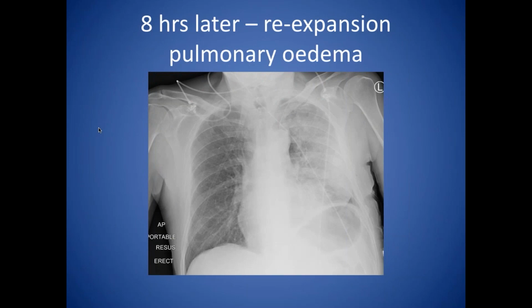Now, the differential diagnosis might be that the drain has caused hemorrhage because it's in the lung, but that is not really a plausible diagnosis because the 3-hour film shows a good position of the tube when the patient was well. So this is re-expansion pulmonary edema.